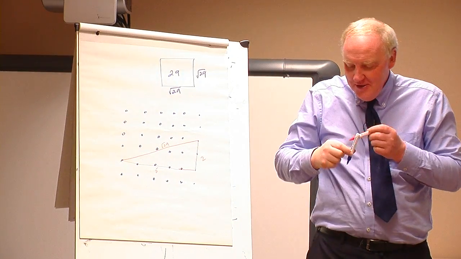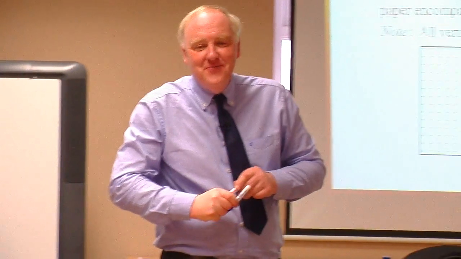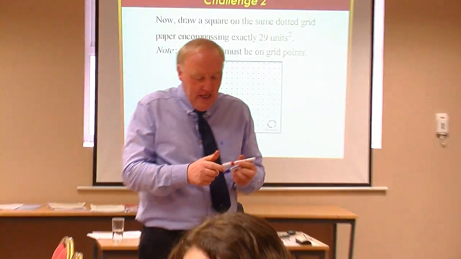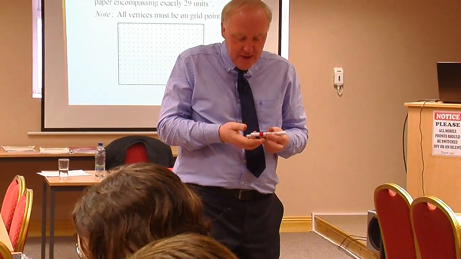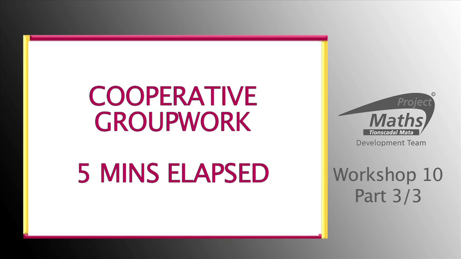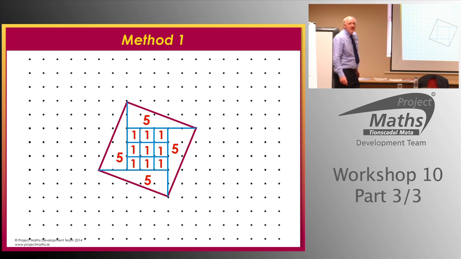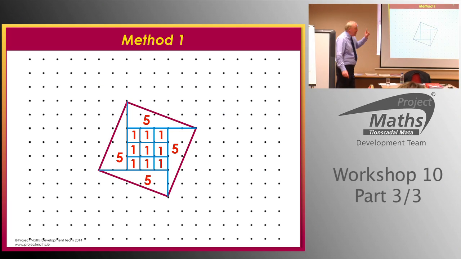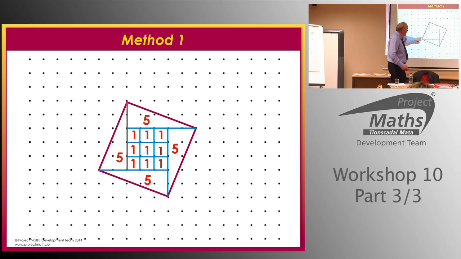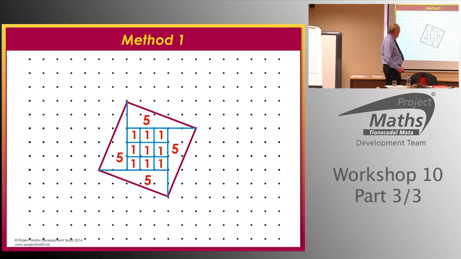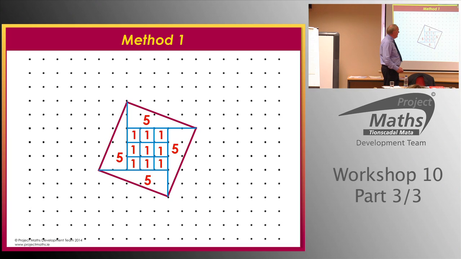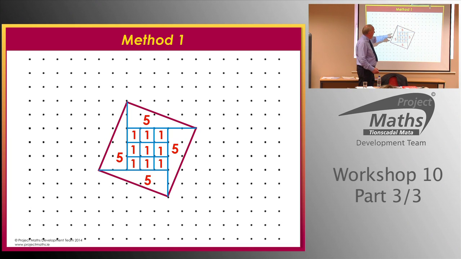Okay? So let's try that now first. Is there some sort of a pattern that we can build along that? You drew it like that, and you're actually verifying straight away, because we can see that each of those are 5, and there are 9 small ones in there: 5, 10, 15, 20, and 9, 29.